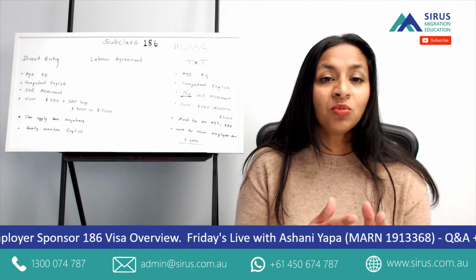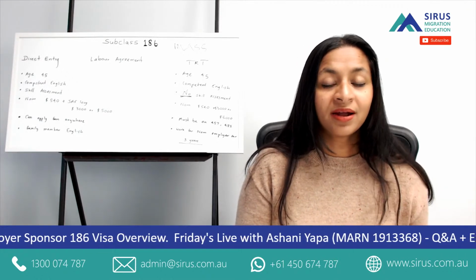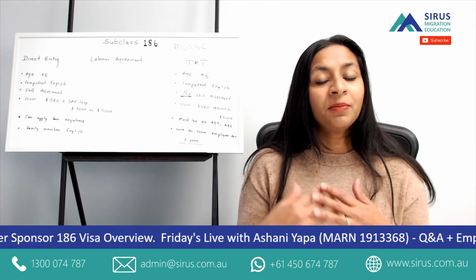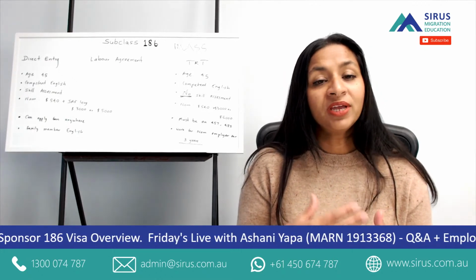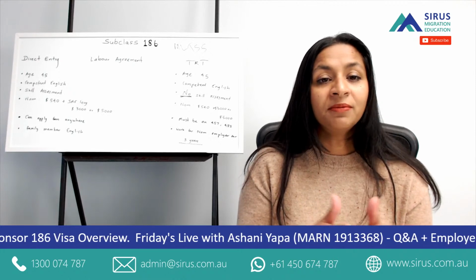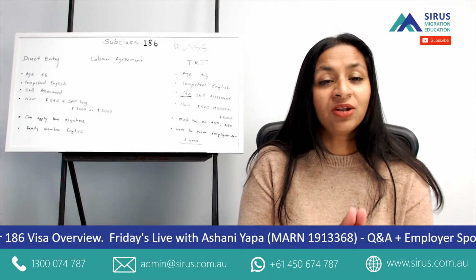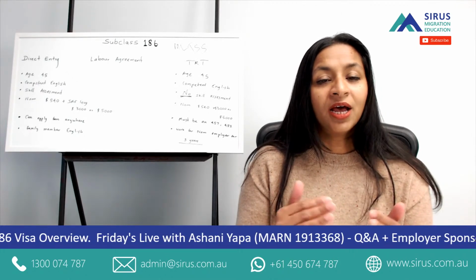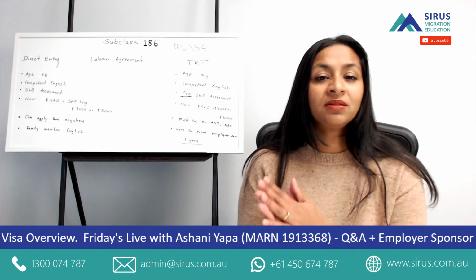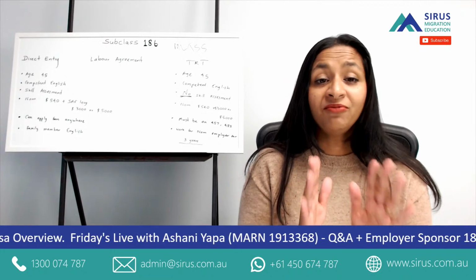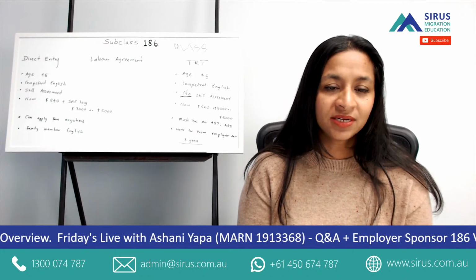For example, most of our main applicants are currently in Australia, but their family members are back home. So when we lodge subclass 186, when the main applicant wants to include the whole family, we lodge a combined application, but main applicants here, but the family members are back home, and we can do that for subclass 186.